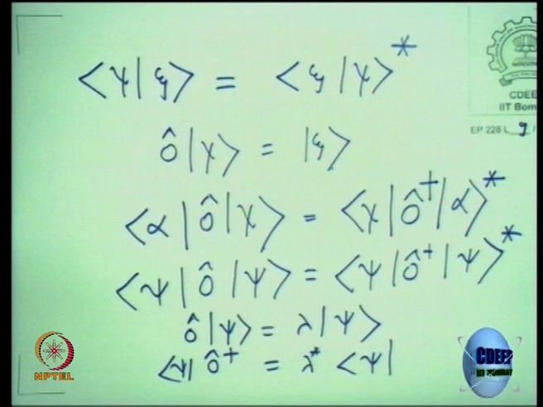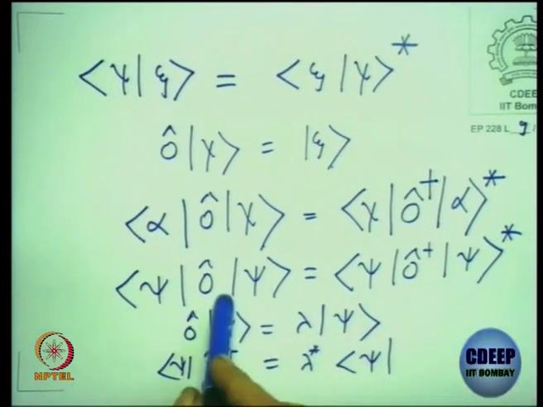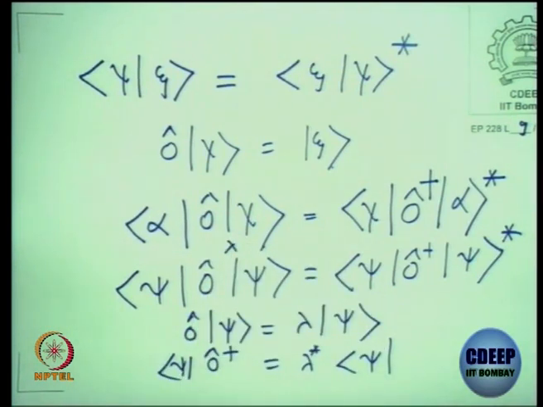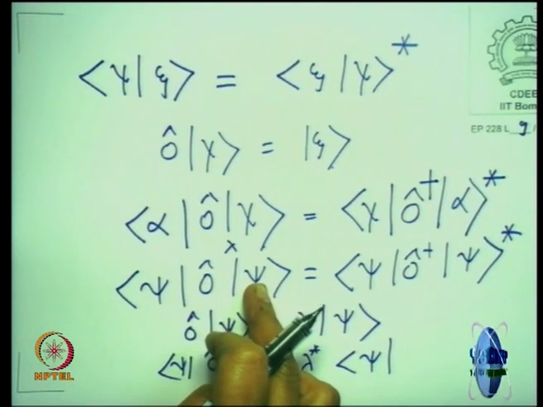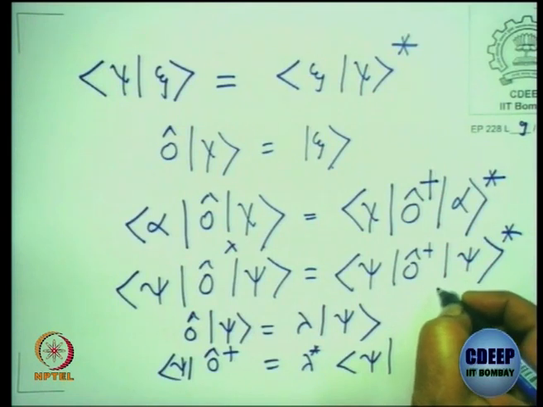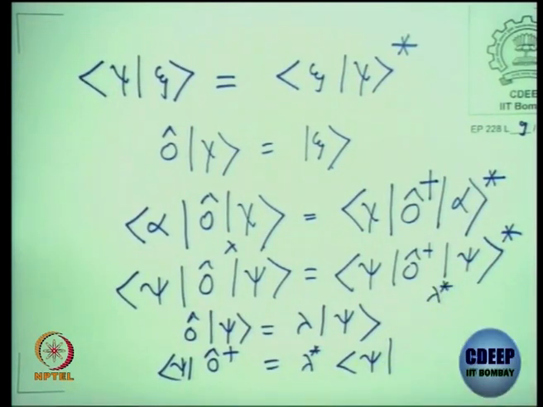Lambda, in general, unless it becomes mapped to an observable, is complex. But O on psi is lambda, and this other condition tells you it is lambda star. So the inner product property forces lambda to be equal to lambda star.